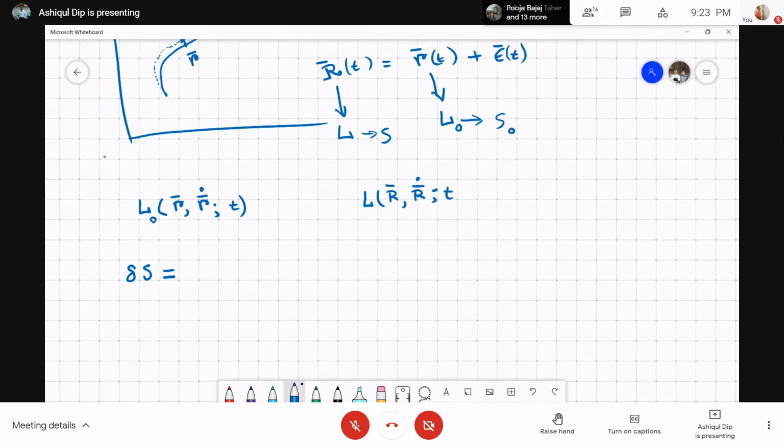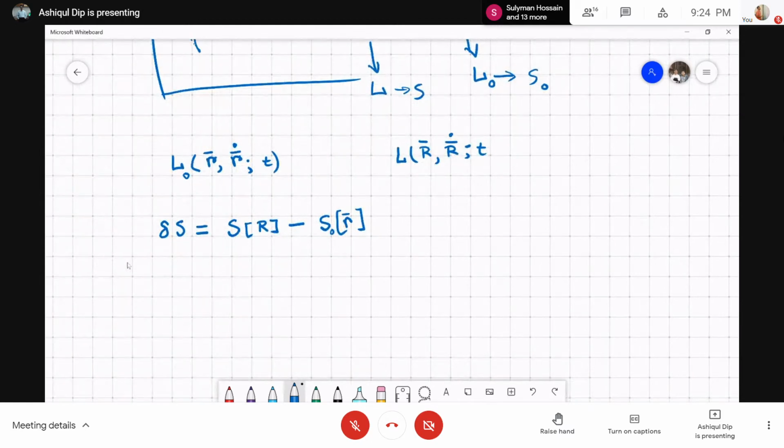So the corresponding variation would be the action through the varied path, which is a functional of big R, minus S naught, which is a functional of r, right? Yes.